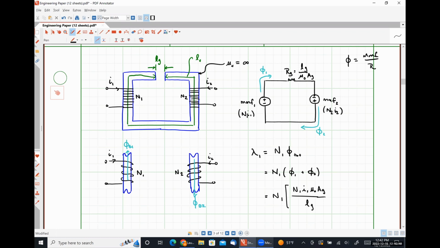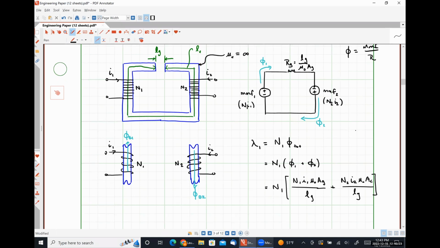What is the flux 2 if our coil 1 is off? It won't be the same thing. It'll be real similar though, right? Because it'll be N2 times I2 over mu naught AG over LG.